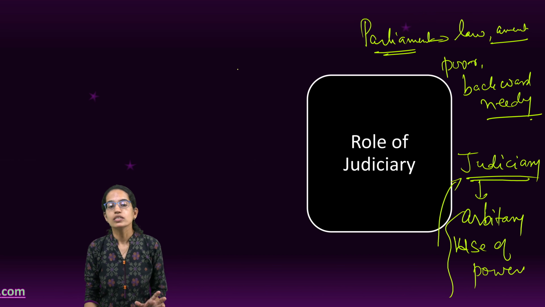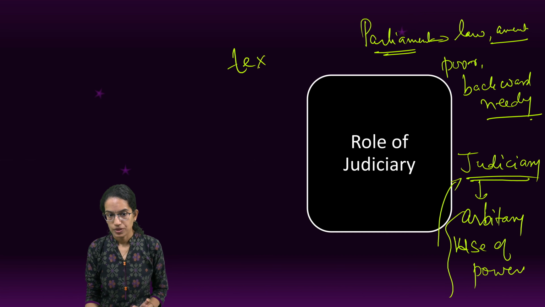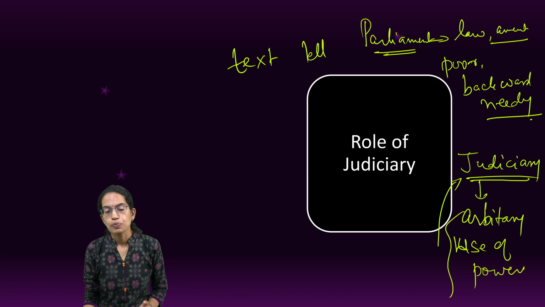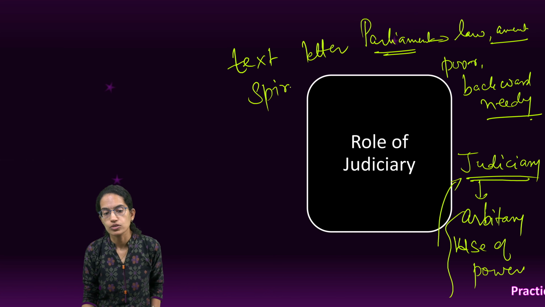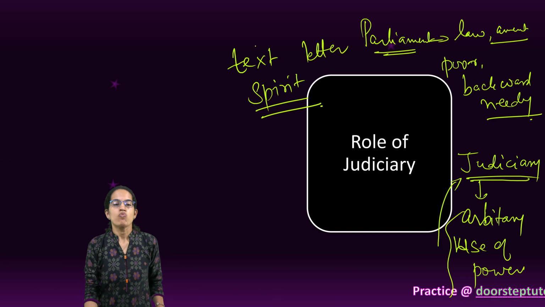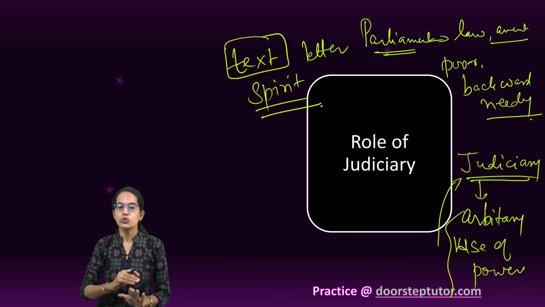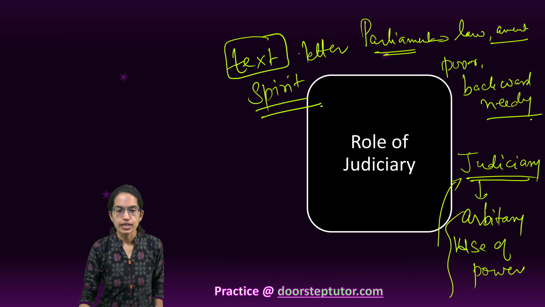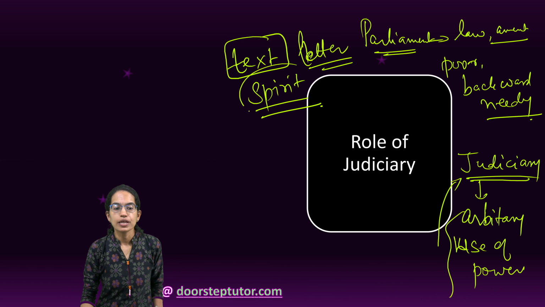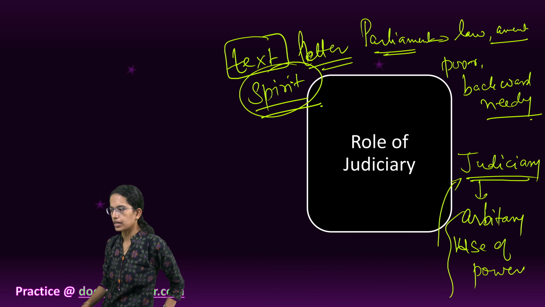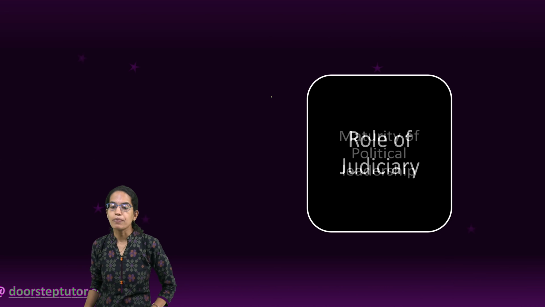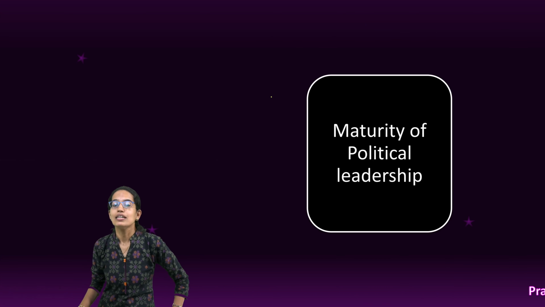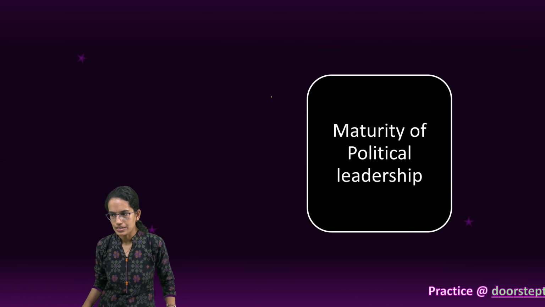So it's not just the text, or the letter, but it is the spirit of the constitution that is important. The idea is not just to read the letter, but the spirit of the constitution must be maintained, and the judiciary makes sure that this is maintained clearly.